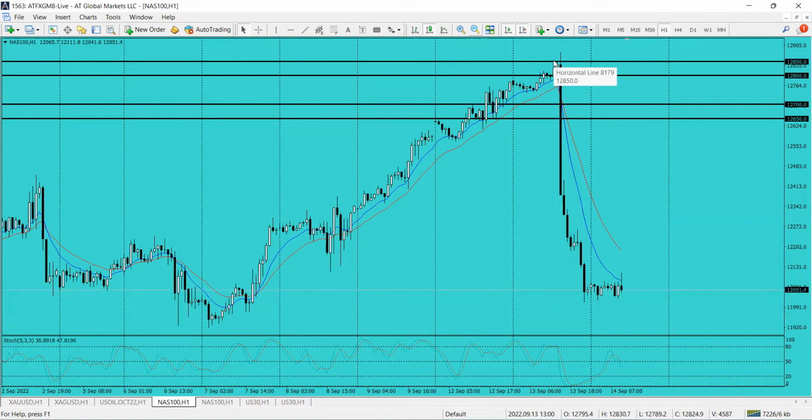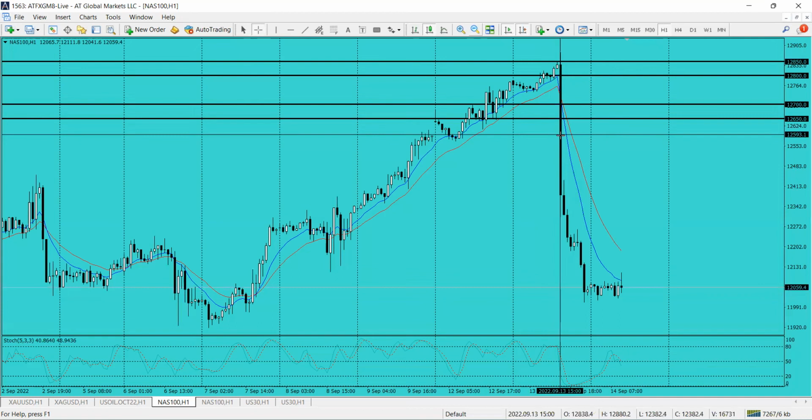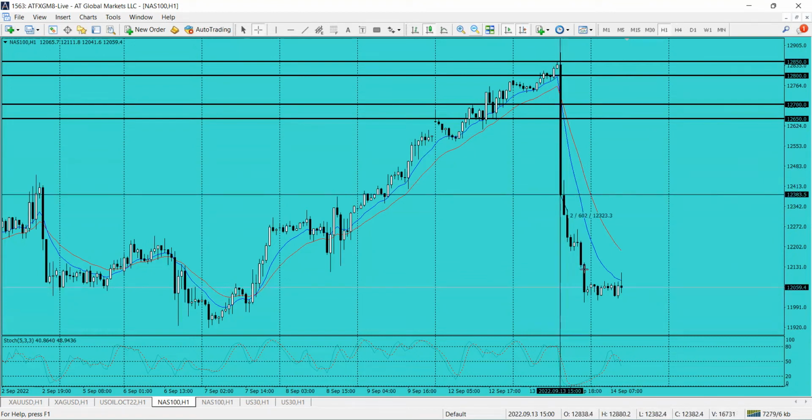And right after that, the price of NAS100 made a huge retracement on the downside, and it was traded below 12,700. And as I mentioned, if the price is traded below 12,700, then we might see 12,650. And right after that, the price of NAS100 sustained the price lower than 12,650, and it was traded overall on the downside.